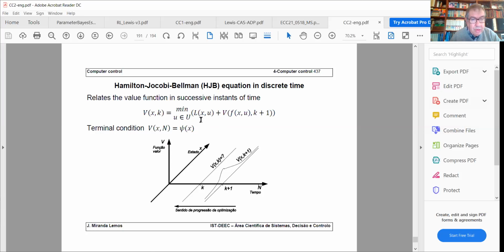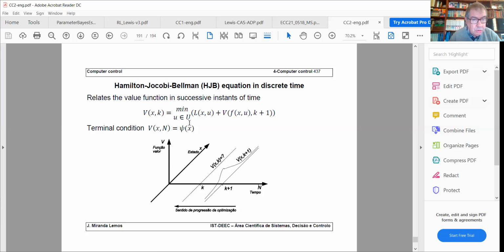In it you have the u at time k, this is the value of the state at time k plus 1, and this is the value of a general state x at time k.